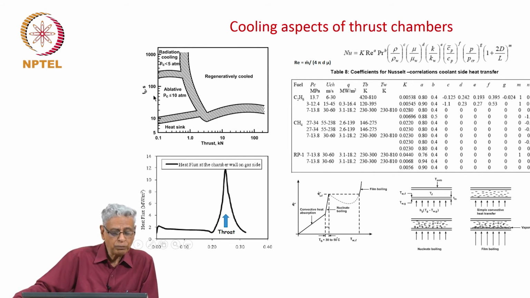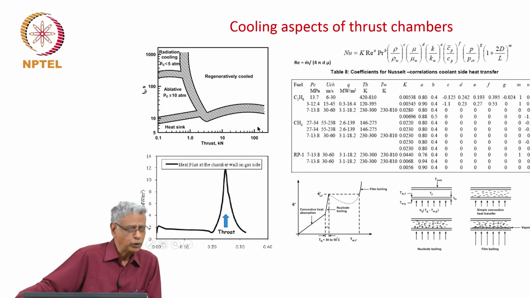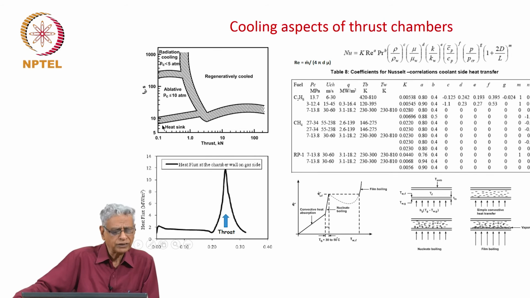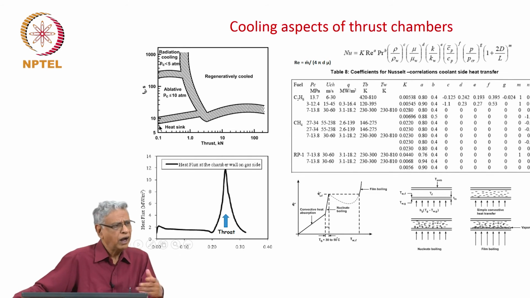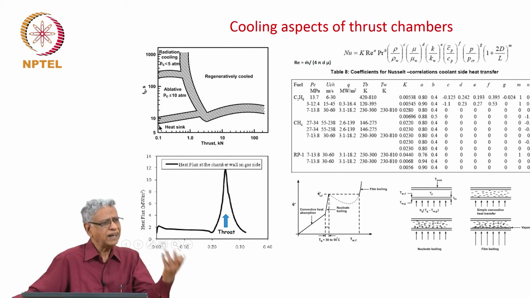So, it is a function of burn time and the thrust. Usually short burn durations have small thrusts, and you can afford not to have anything other than a heat sink.